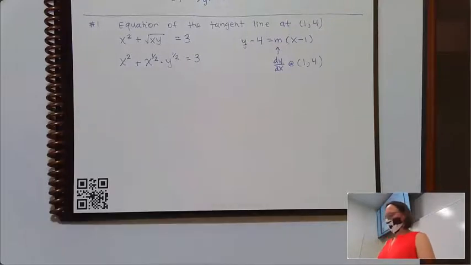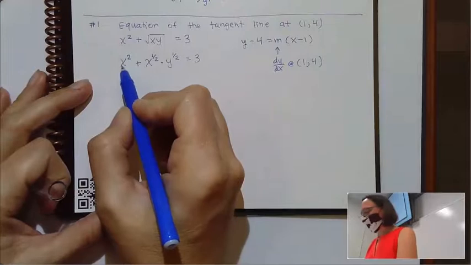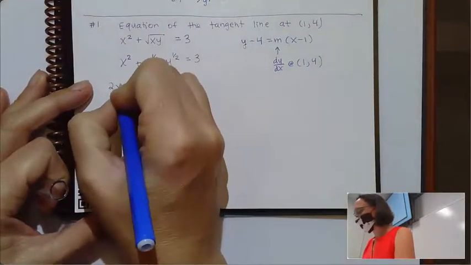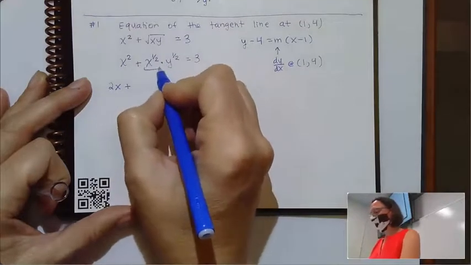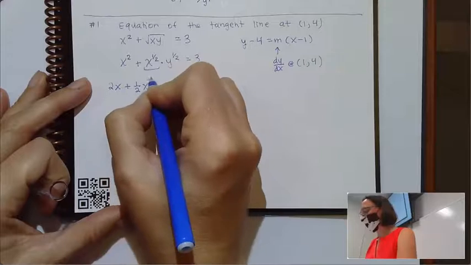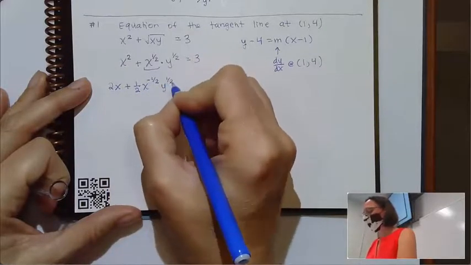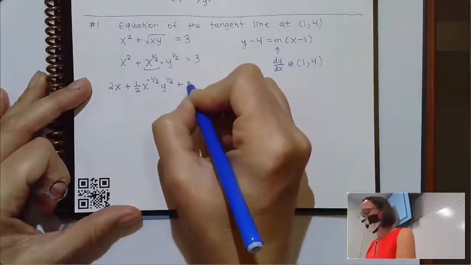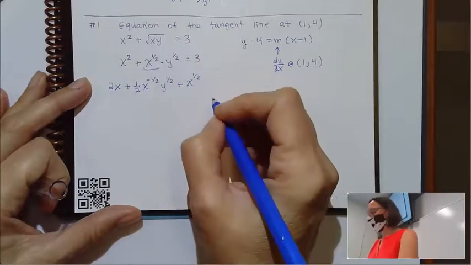Now I'm ready to take the derivative. Well, when I take the derivative of x squared, I'm going to get 2x. Here, I've got a product rule. So the derivative of x to the 1/2 would be 1/2 x to the negative 1/2. Then I'll leave the y to the 1/2 alone, plus I leave the x to the 1/2 alone and multiply by the derivative of y to the 1/2.